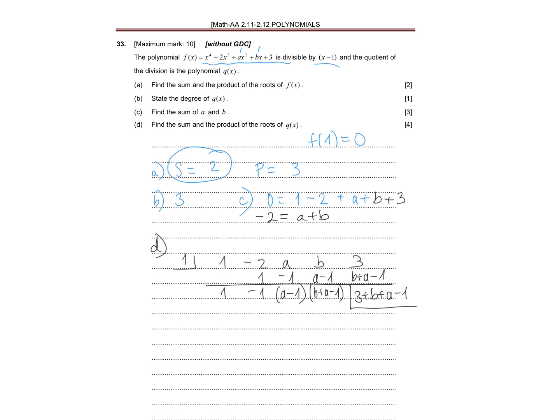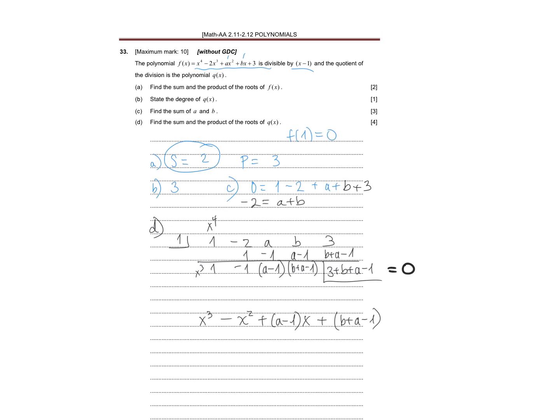So we are going to have, this was x to the 4th. This is going to be x cubed, so we're going to have x cubed minus x squared plus (a minus 1)x plus b plus a minus 1 constant term.